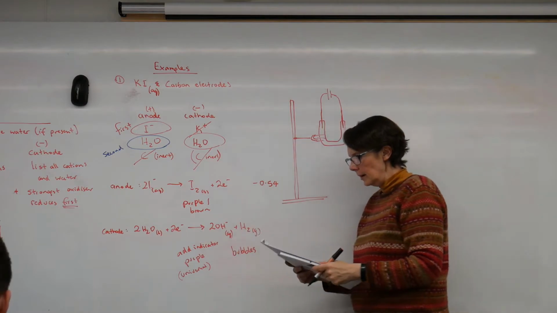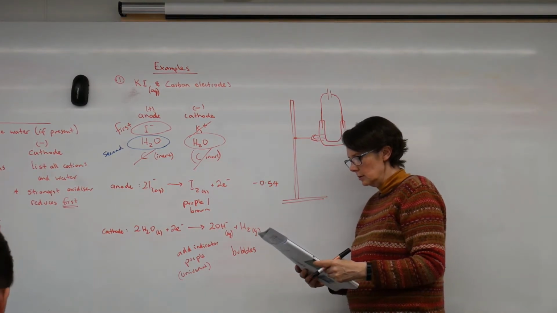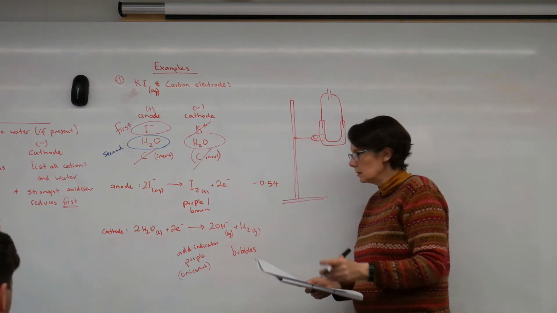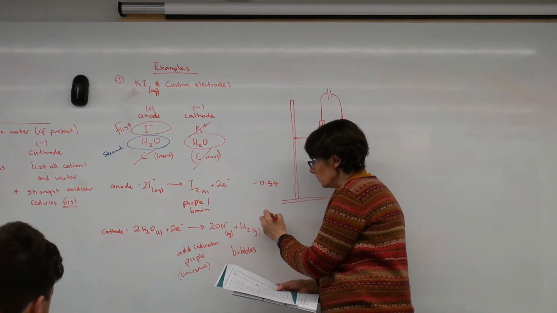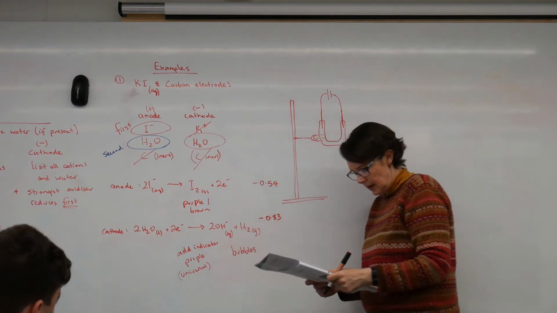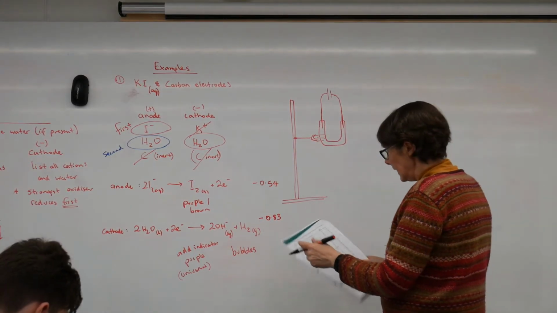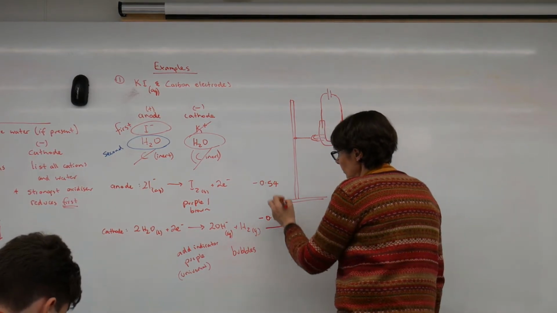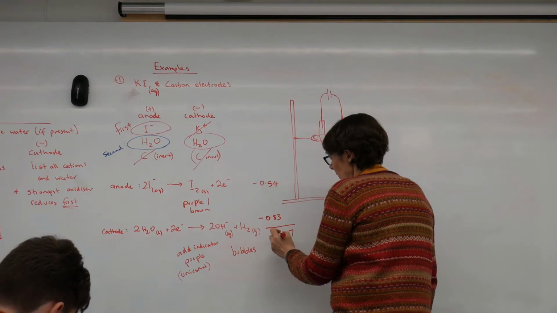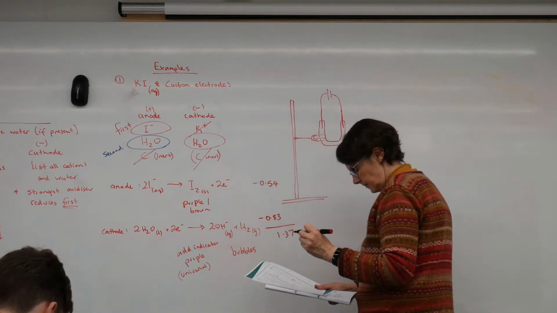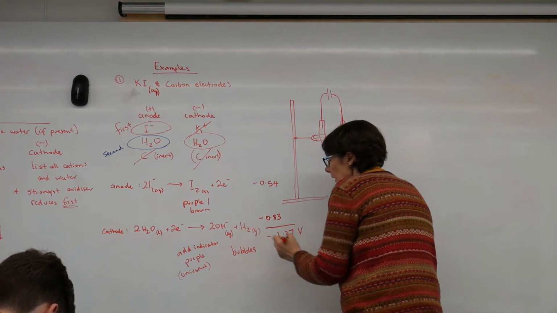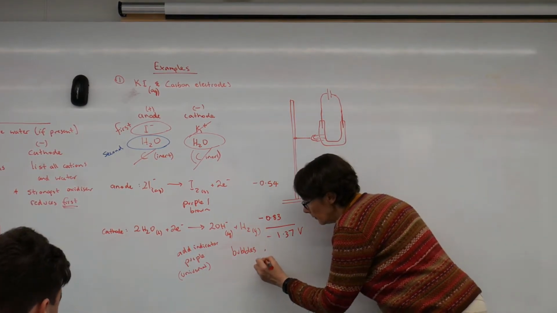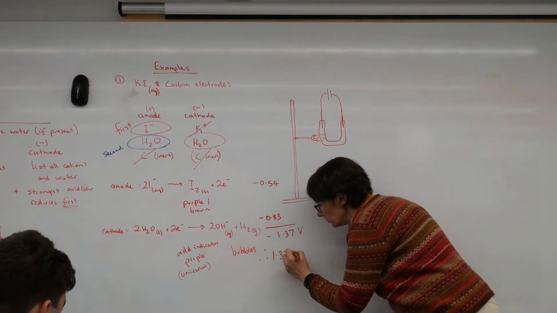And then what about our water? And because we add them together, we're going to get what? 1.37, I think. Yep. That negative there tells me that it's required. Therefore, 1.37 volts required.